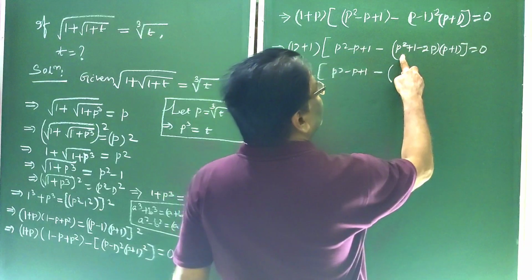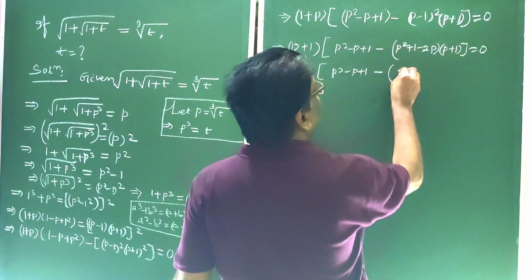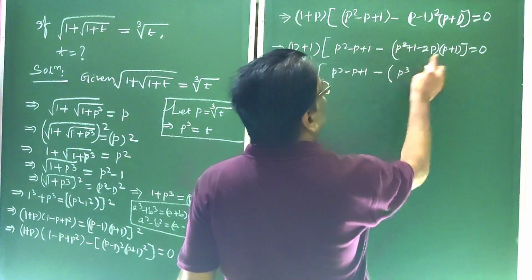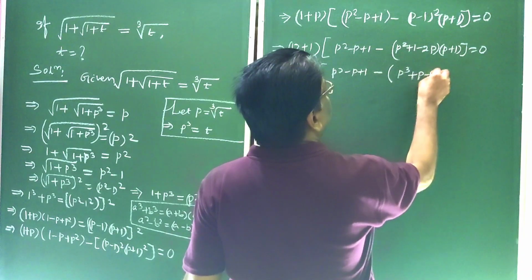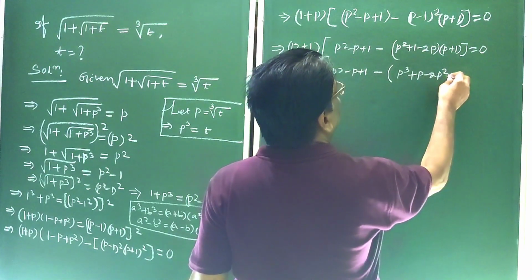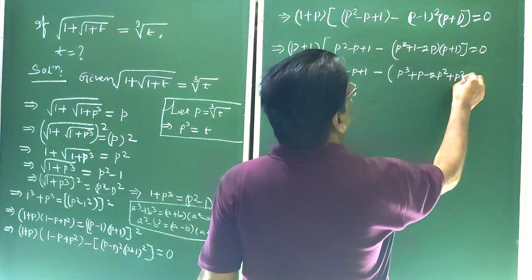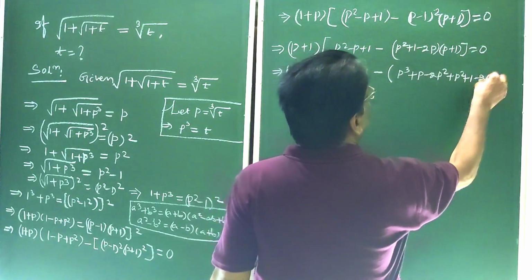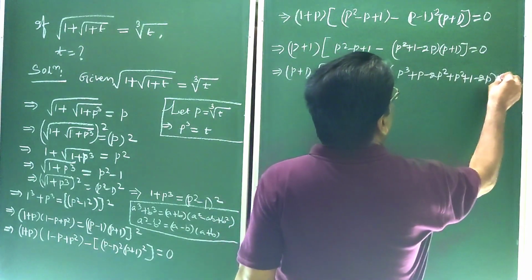Now multiplying the two bracket expressions we get p³ + p − 2p² + p² + 1 − 2p is equal to 0.